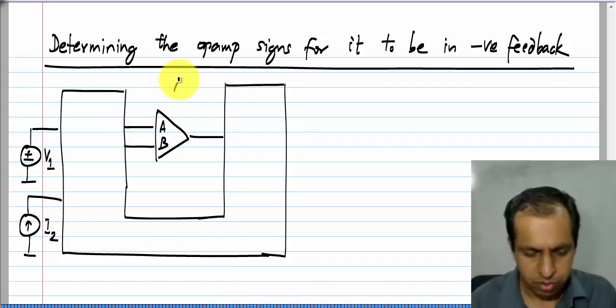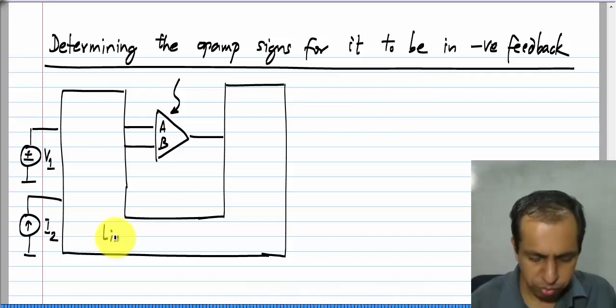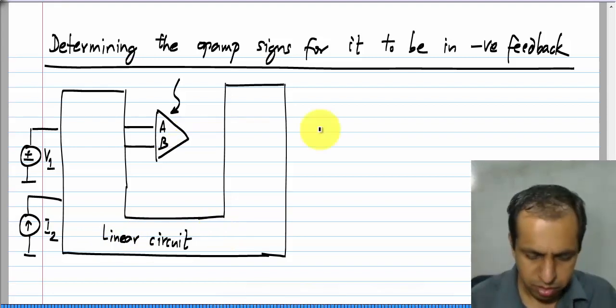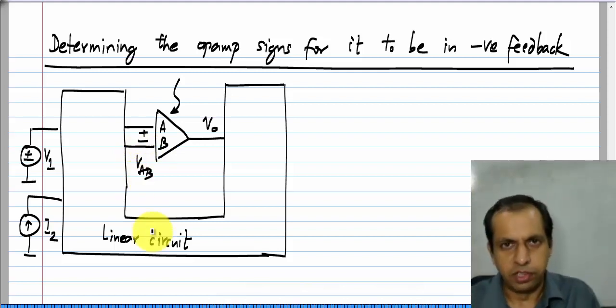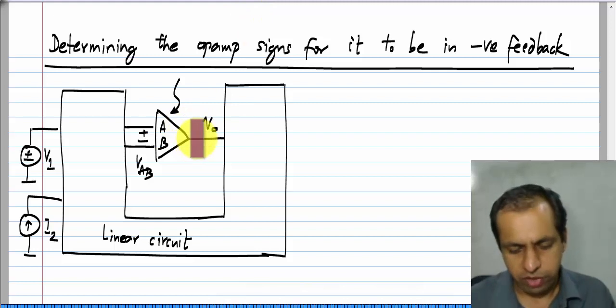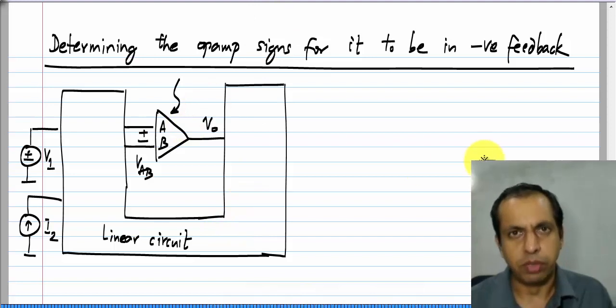This is the op amp for which we are trying to find the sign, so that it is in negative feedback, and of course, we will assume that the rest of it is a linear circuit. This is the output of the op amp and this is the difference VAB of the op amp. Now, feedback refers to what fraction of the op amp's output comes to its own input, and that is what we have to determine.